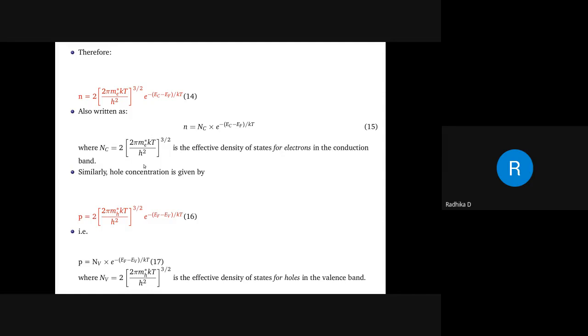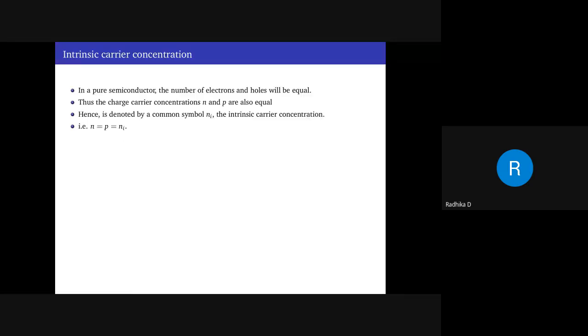These two constants you put as Nc and Nv. Now next, what I am saying is, in an intrinsic semiconductor, n is equal to p. The amount of electrons is equal to the amount of holes. So for that reason, I can write n is equal to p is equal to another symbol ni, that is the intrinsic carrier concentration.